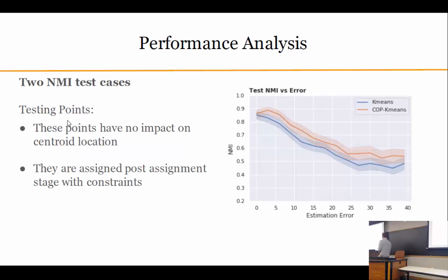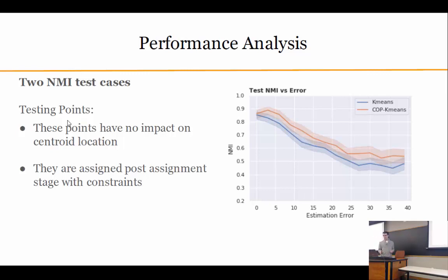This next plot is based on the test points, and the training points are what I actually use to find those cluster centroids. The train points are what is used to find the centers of where the clusters typically are, and the test points are actually what I've used to... Given those centroid locations, I've left out points and then reassigned those based on the centroid locations that were found with the training points.